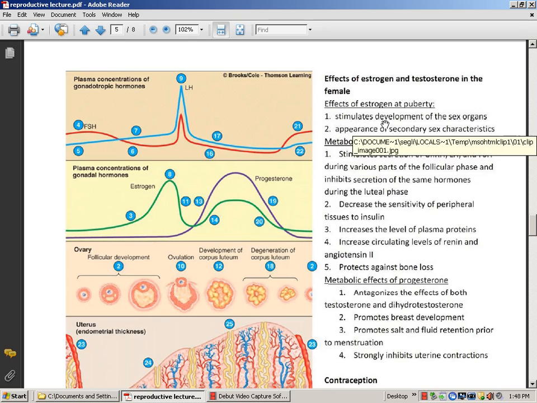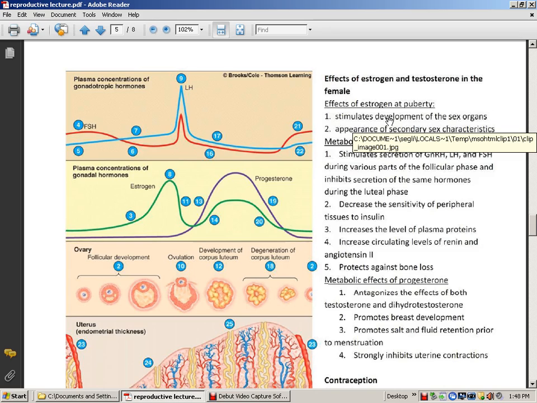Anyway, so estrogen at puberty, it increases bone growth. And you know this because what do you think happens to estrogen production at menopause? It decreases dramatically because the follicle has been releasing it and she's not making follicles anymore. So her estrogen levels plummet. What happens to her bone density around menopause? Plummets dramatically, exactly.